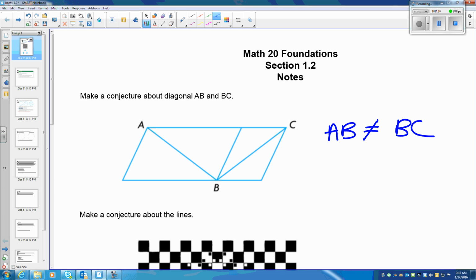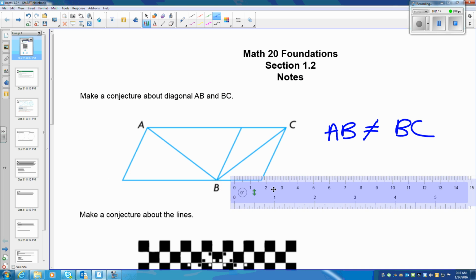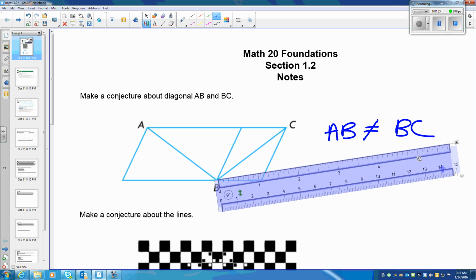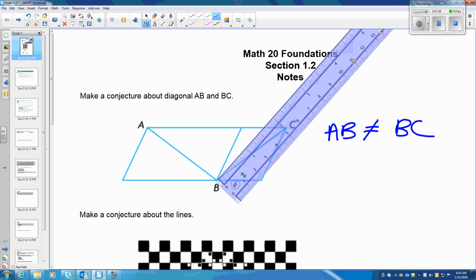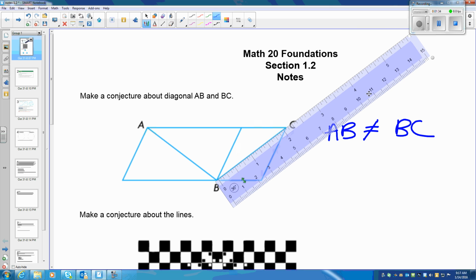Now, if we take our rulers, you guys know how good I do with rulers on this smart board, hey? If we take our rulers and we measure from this point to here, oh, do I want to measure in inches? I guess I am going to be measuring in inches.